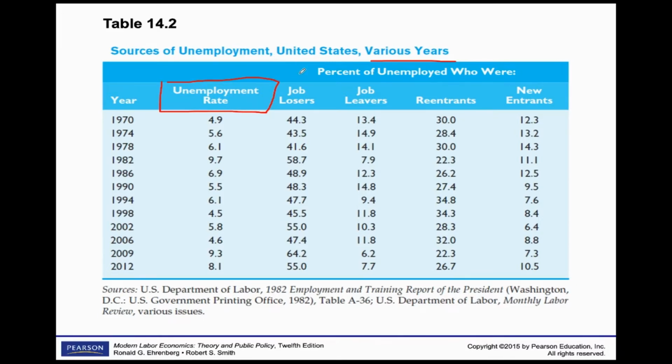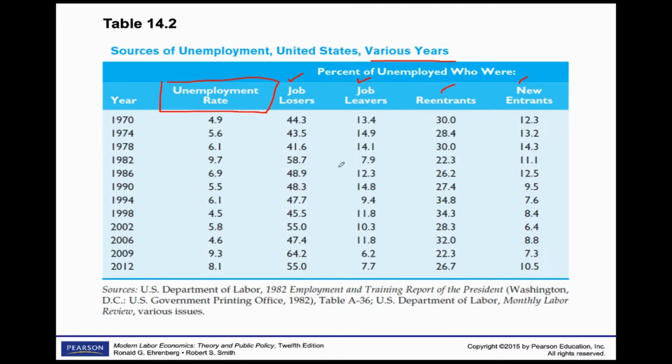More detail that describes who's who in this unemployment rate figure is given by the rest of the columns here. As I mentioned, we have, for example, a column that indicates the category called job losers. And then next we have the category that we call the job leavers, then re-entrants, and the last column is the new entrants.